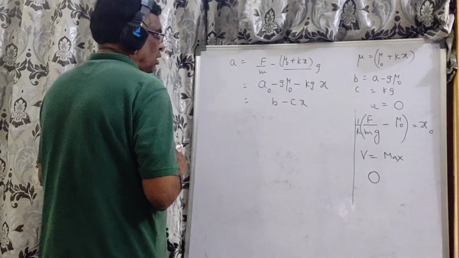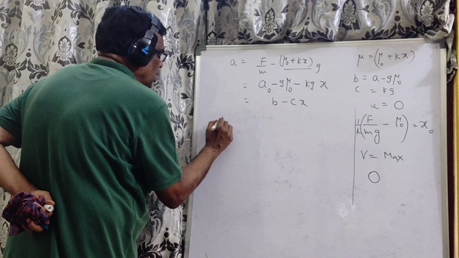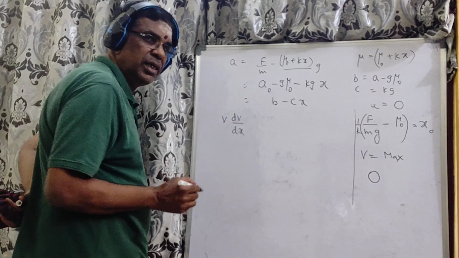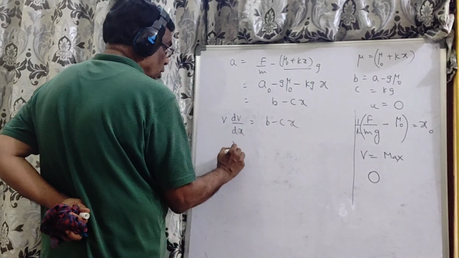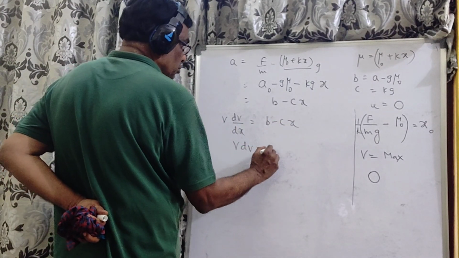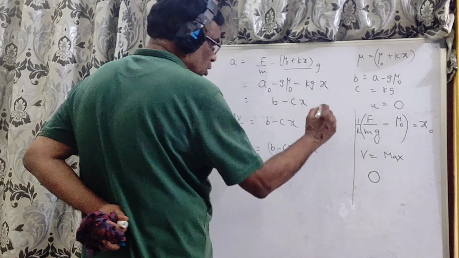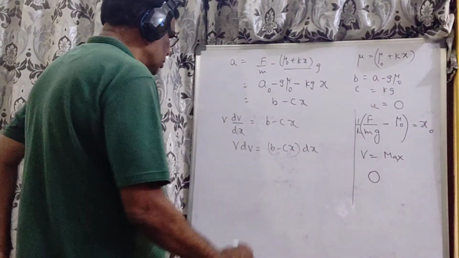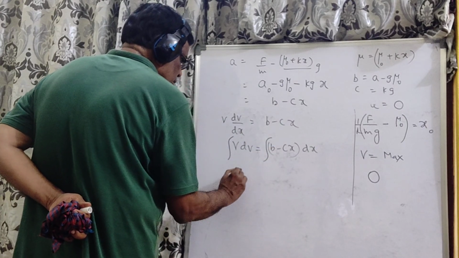If A is this, how can you write it? Two ways: V dV by dx or dV by dt. Now you should understand that you cannot use your 9th class kinematic relations here. Now you can integrate this.